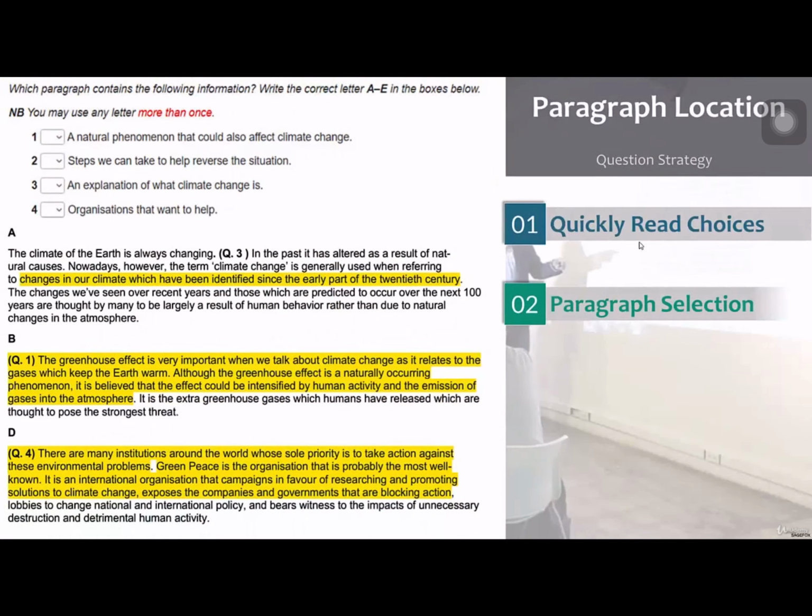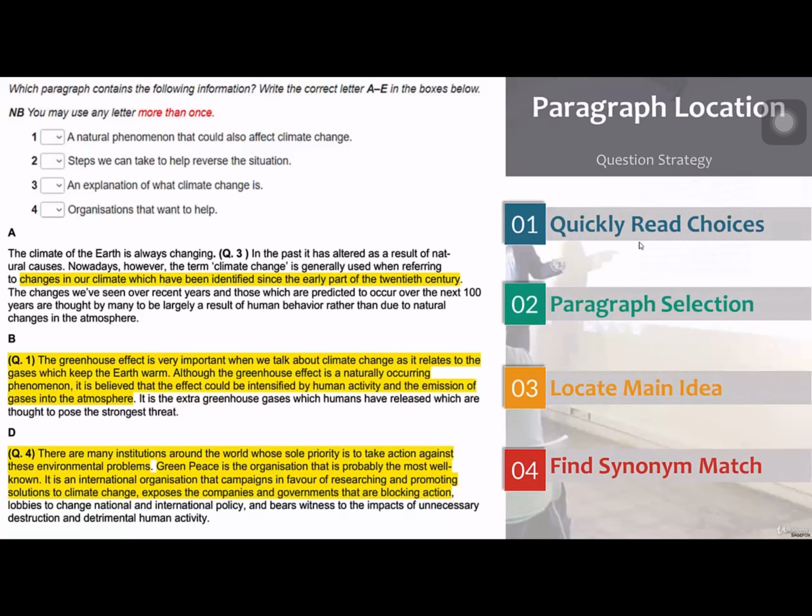Let's go ahead and take a look at an example here, right? So in this example, we look at section A first. Look at section A first, okay? And within the first 2 sentences of section A, I can see that it belongs to question number 3. The climate of the earth is always changing. In the past, it has altered as a result of natural causes.